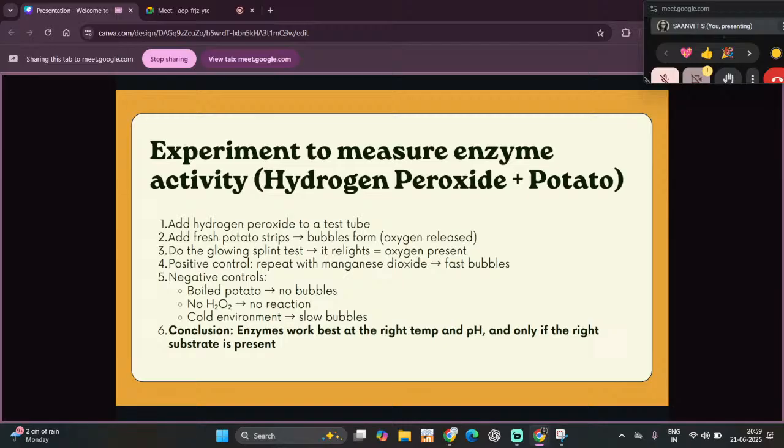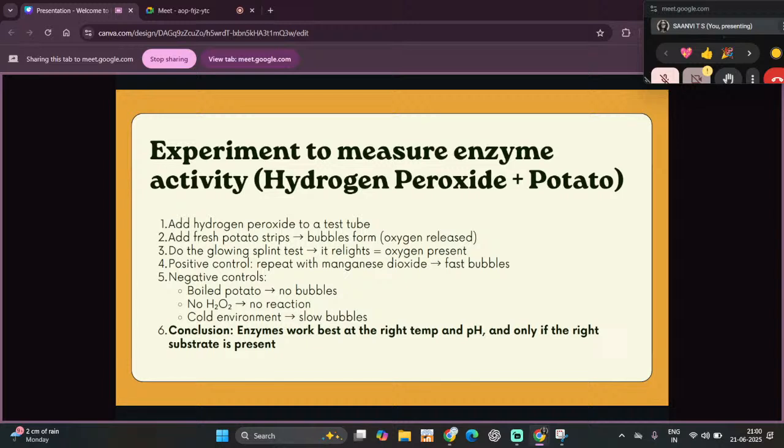Now let us take a look at some more interesting facts about this. Basically, if we add boiled potatoes instead of fresh potato strips, then bubbles are not formed. And if we don't add H2O2, then there is no reaction. And if it's a cold environment, then the bubbles are slow. All of this leads to the conclusion that enzymes work best at the right temperature and pH, and only if the right substrate is present. As we can see, we needed hydrogen peroxide, fresh potatoes, and a sort of balanced environment for bubbles to release.